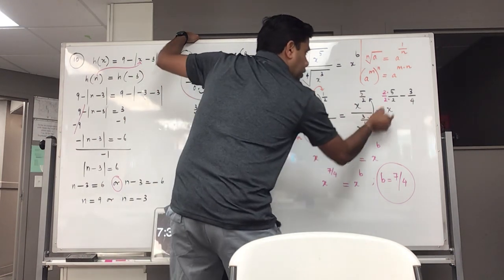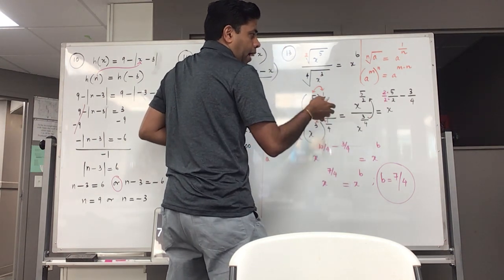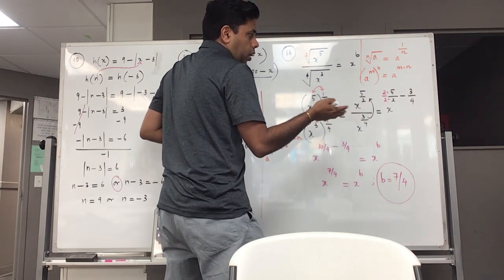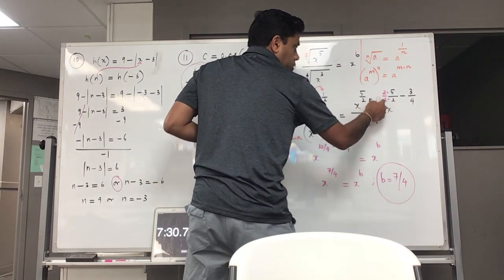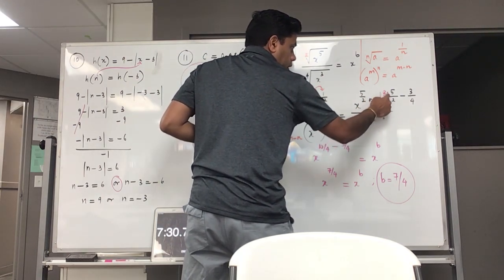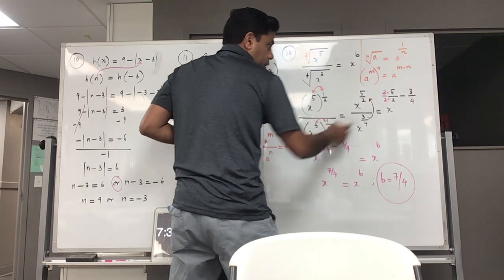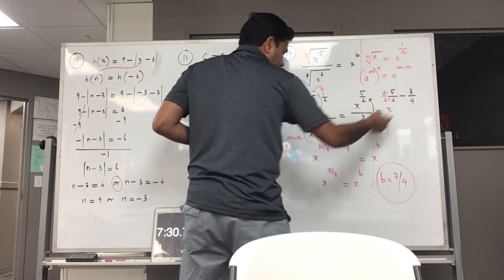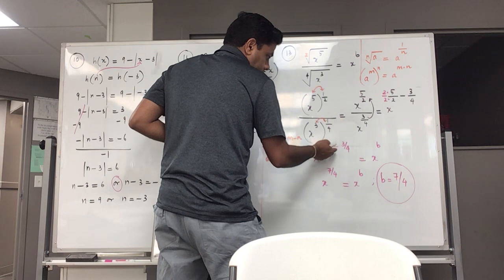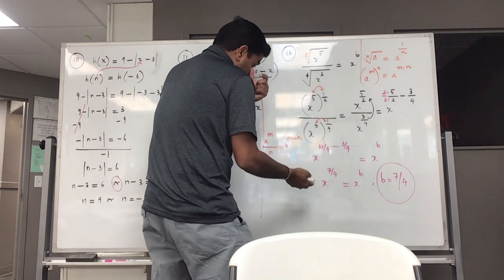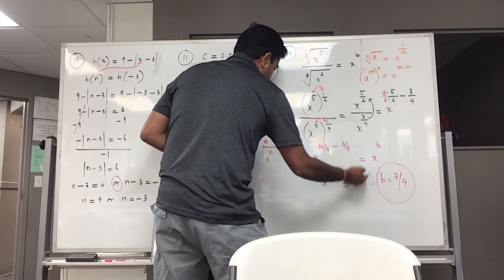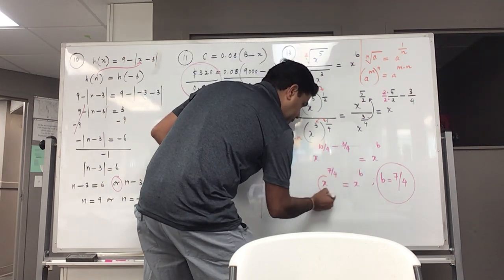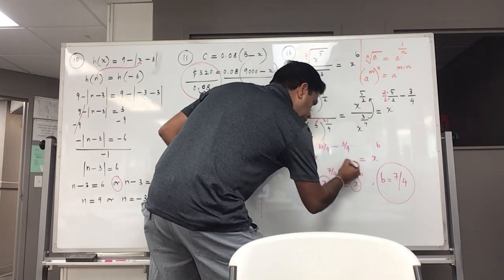So this goes at the top here: 5 halves minus 3/4. Again, do the least common denominator, which is going to be 4. So times 2 divided by 2. 2 times 5 is 10. 10 over 4 minus 3 over 4. 4 is the least common denominator. 10 minus 3 is 7. x raised to 7 over 4 is equal to x raised to b. As the bases are the same, the exponents will be the same.